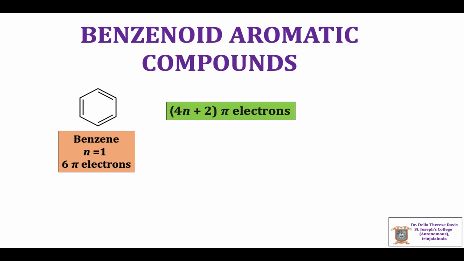According to Huckel's rule of aromaticity, the compound must have 4n plus 2 pi electrons, where n represents the number of rings in the compound. So if n is equal to 1, we get 4n plus 2 as 6. And the molecule benzene has 3 double bonds and each bond contributes 2 pi electrons, and thus the total number of pi electrons is 6. And thus benzene obeys Huckel's rule of aromaticity.